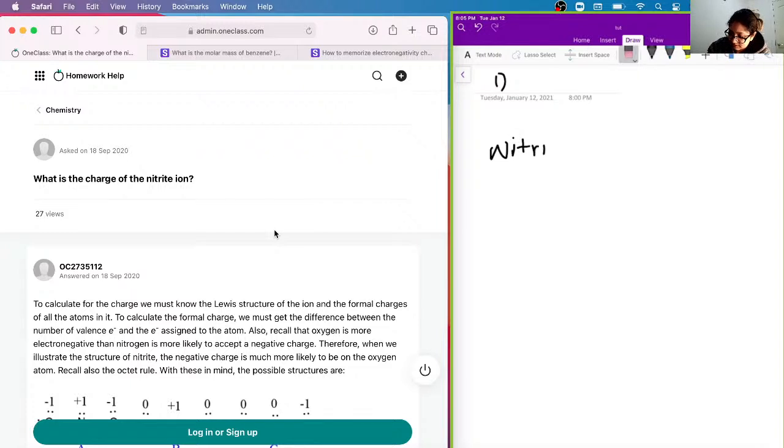the chemical formula for nitrite is NO2.